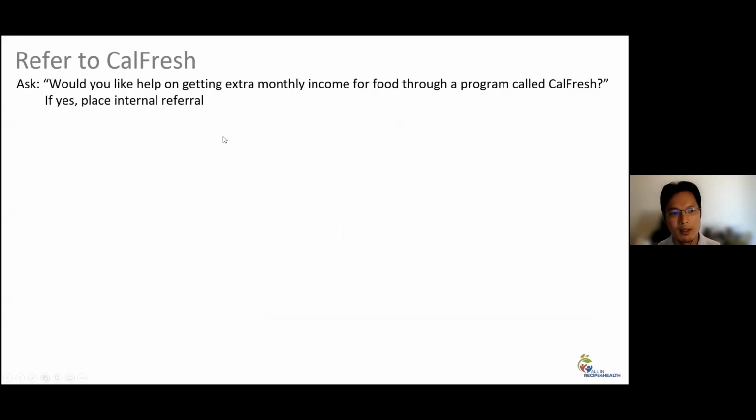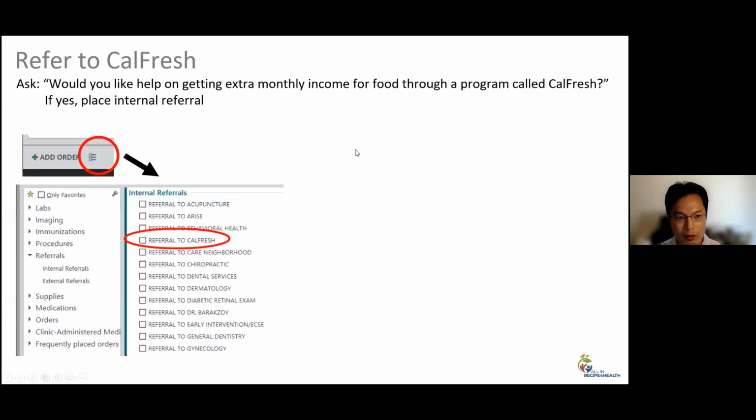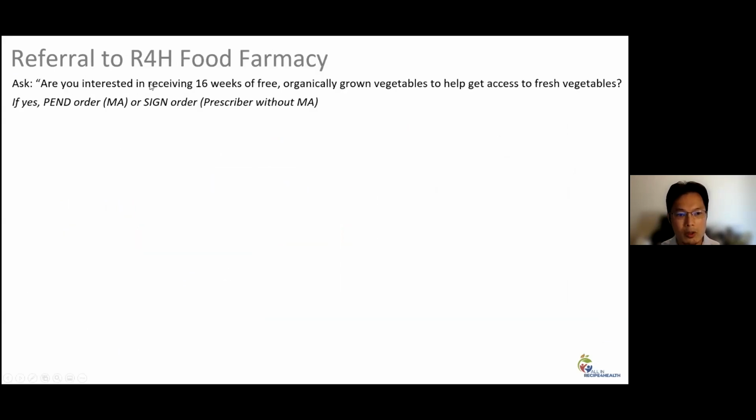Someone screens positive on CalFresh, you can ask them, would you like to get help on getting extra monthly income for food? If they're like, no, I'm afraid of the federal government, I don't want it, then don't pend, right? It's always good to get permission. And then with the food, are you interested?